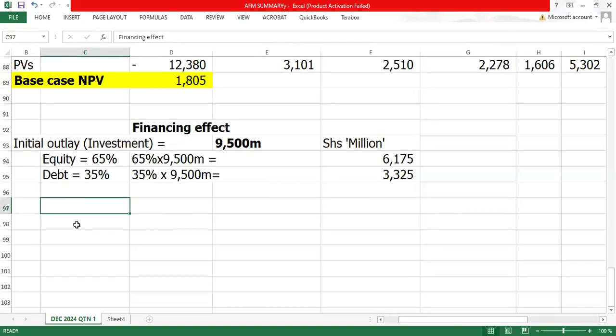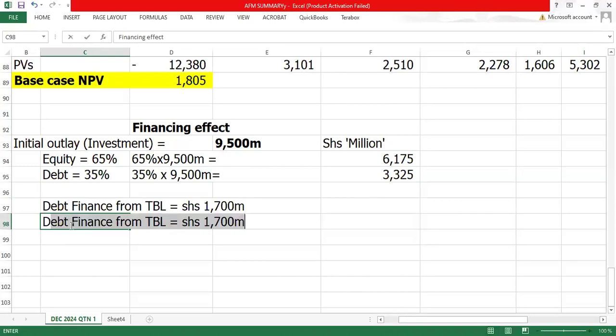The debt finance from TBL will be how much? They told us that it is shillings 1,700 million.